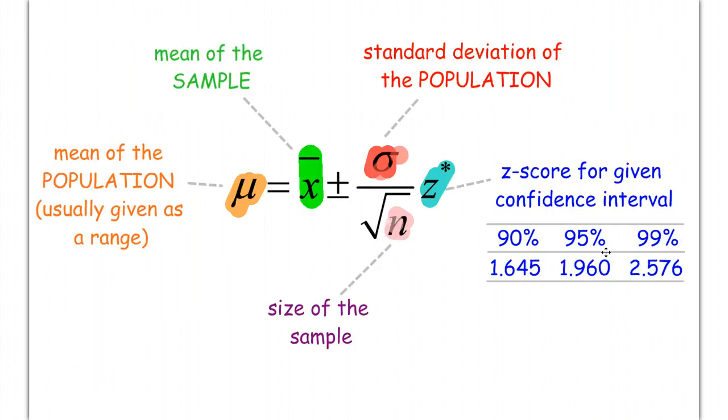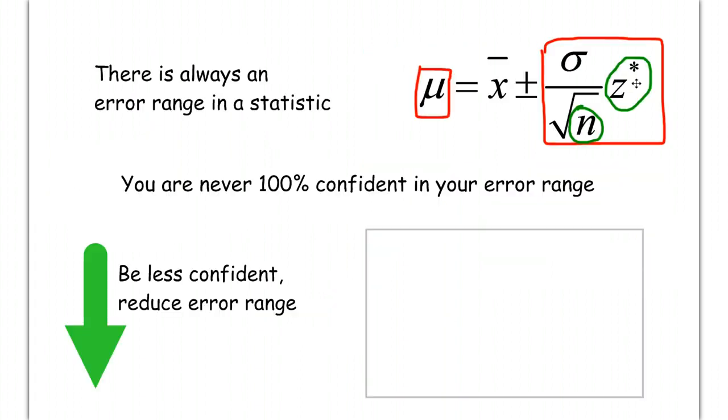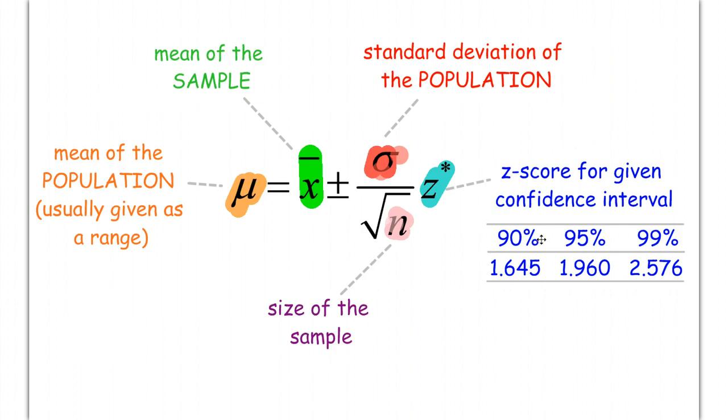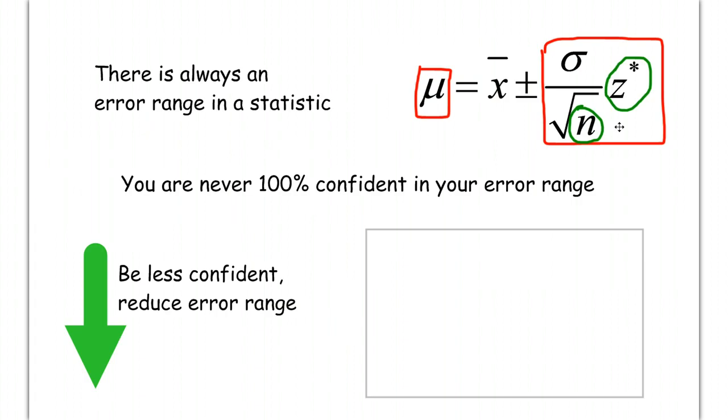We said just a moment ago z-star is 2.576. But if I'm willing to sacrifice some confidence and go down to 90%, I can shrink that number from 2.576 all the way down to 1.645. The whole point here is that if you are less confident, you will have a smaller amount of error in your confidence interval.